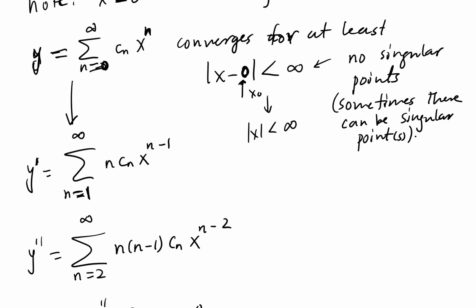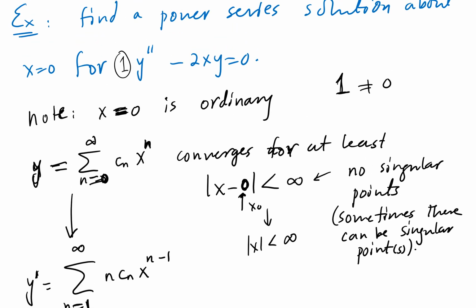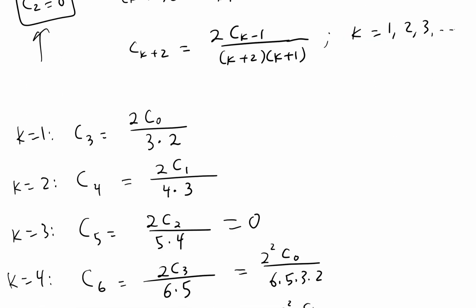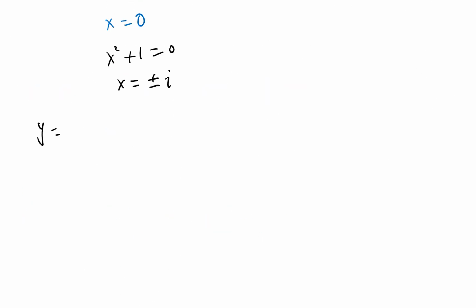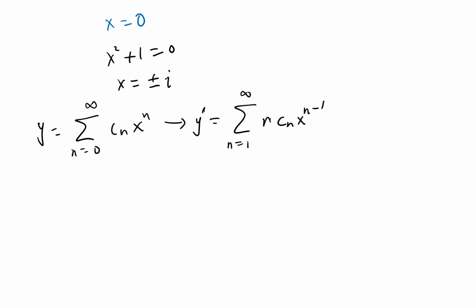If you scroll back up to the solutions, we started with the series c_n x to the n. So we let y equal the sum from n equals 0 to infinity of c_n x to the n. From here you get y prime, which is the sum from n equals 1 to infinity of n c_n x to the n minus 1. And then y double prime is the sum from n equals 2 to infinity of n times (n minus 1) x to the n minus 2.